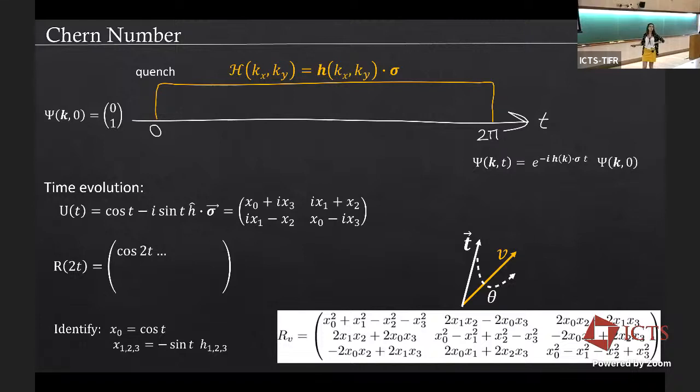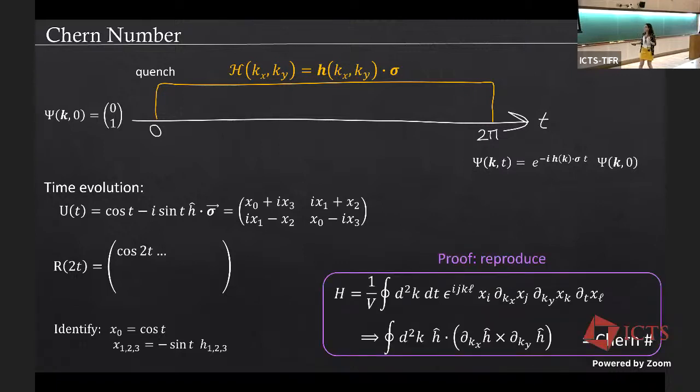So you just need to write it down. With this comparison that I showed you, you can identify these real and imaginary components of the time evolution. And because you know that this is a rotation, you can insert these quaternion components in the Hopf formula.